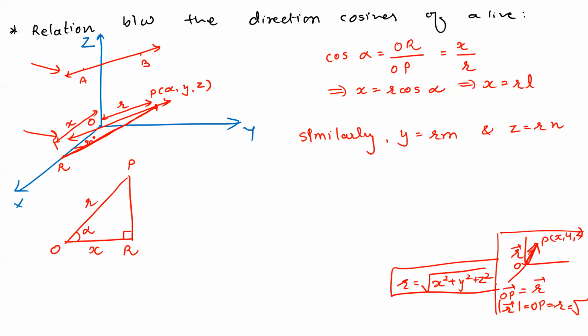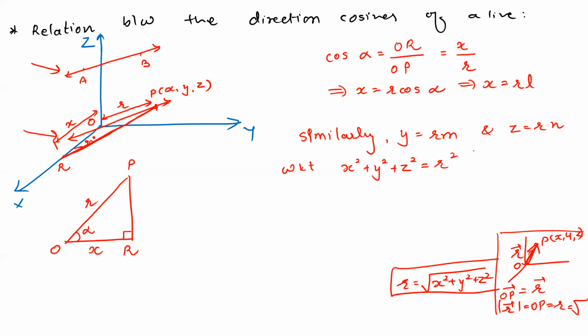So this is the way we used to do. So we can utilize here, right? We already know that X square plus Y square plus Z square is equal to R square, right?